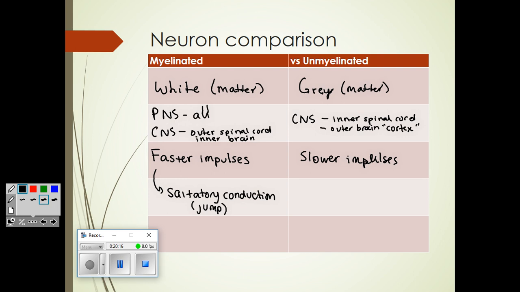It can skip over the parts that have the myelin sheath. Unmyelinated neurons have non-saltatory conduction. And even though we put it on the picture, I always like to add here, the myelinated neurons have neurolemma, and the unmyelinated ones don't.